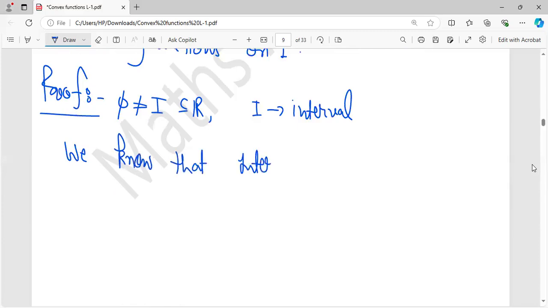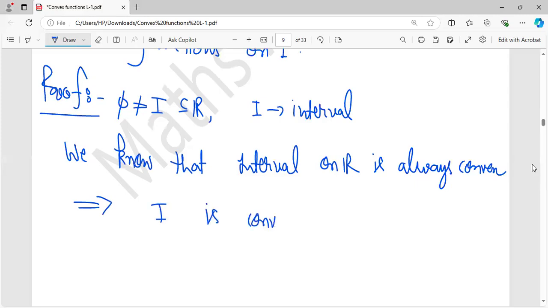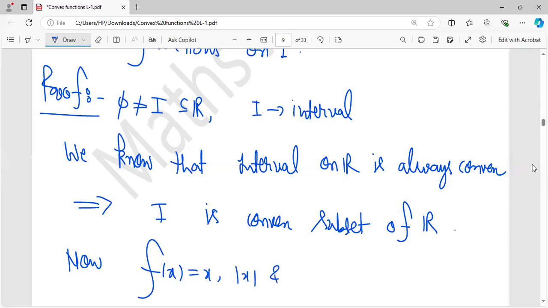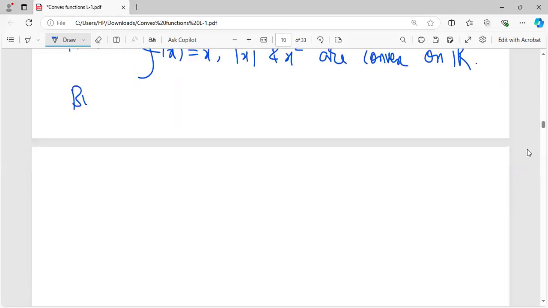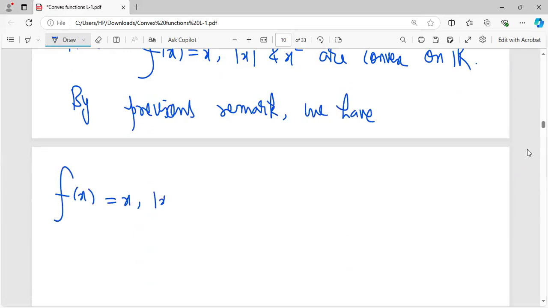So this implies I is a convex subset of R. Now f(x) = mod x and x square are convex on R, we already proved. Now by the previous remark, we have mod x and x square are also convex on I. Okay. So this is true.